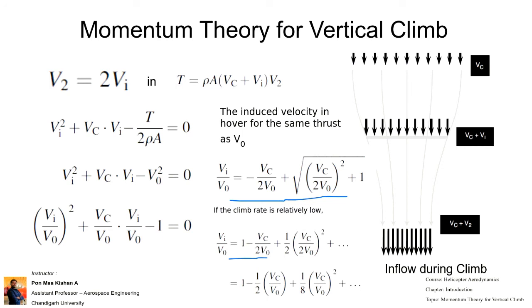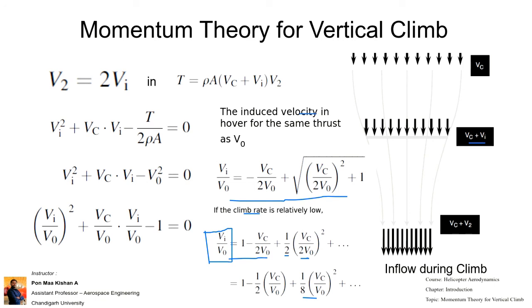So when we multiply 1 by 2 with respect to square, we have 1 by 4 into 1 by 8 and so on. When the climb rate is very low, we will calculate the corresponding Vi by V naught. Why is it important to calculate Vi by V naught? Vi is the induced velocity during climb, and V naught is the induced velocity during hovering.